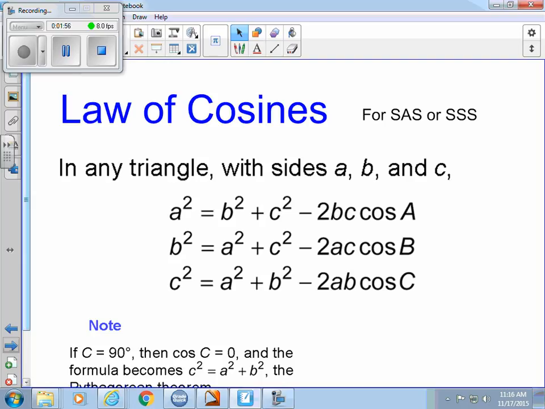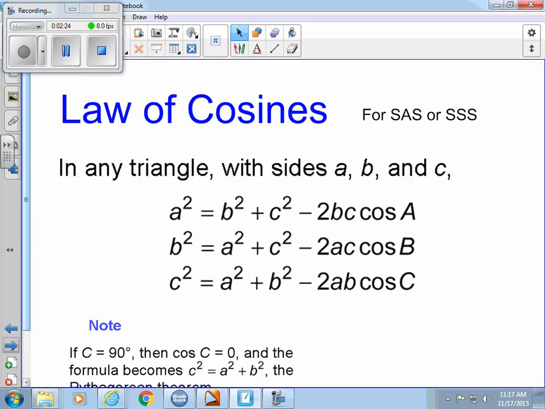How will you see this formula on the ACT? They usually give it to you. They say, here's the law of cosines, solve this problem. It looks really hard and scary, but they show up sometimes, and sometimes law of sines shows up.